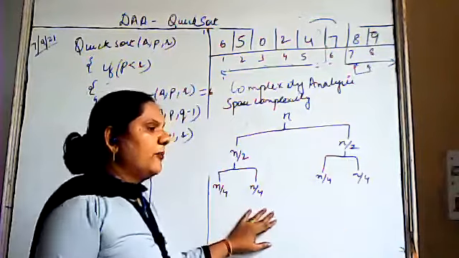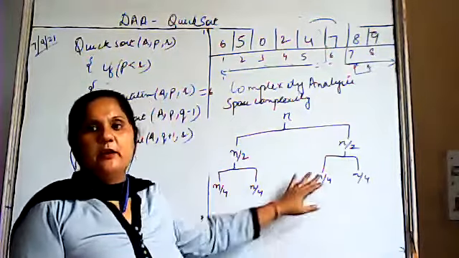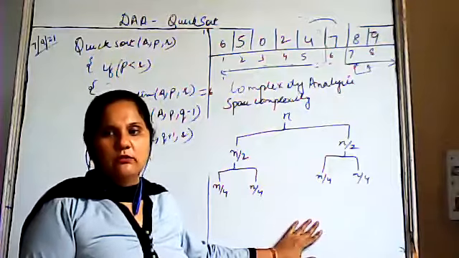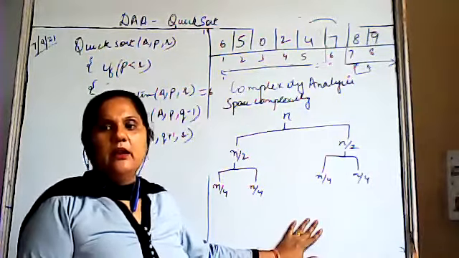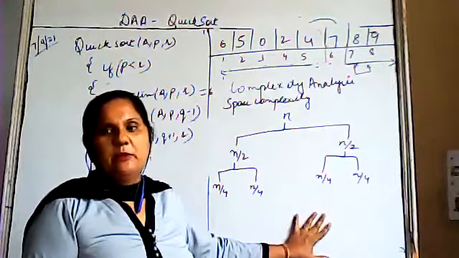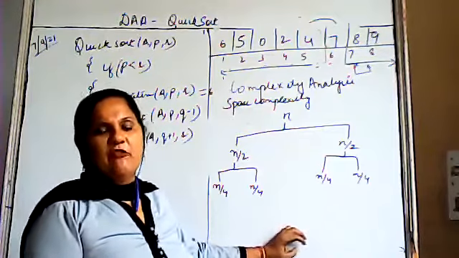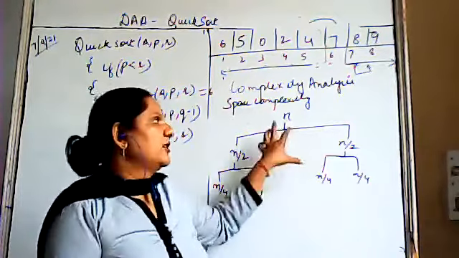That means the complexity will depend upon the number of levels we have gone through. Space complexity will depend upon the number of levels we have made in order to sort this list.